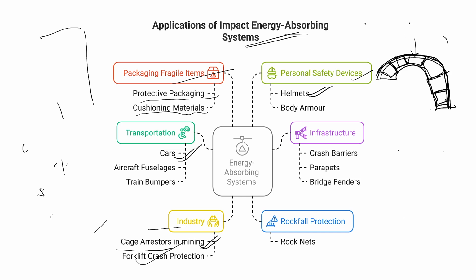The idea is to distribute the energy across this hard armor, and then the hard armor will transfer the impact energy, and it will be absorbed by the soft armor. So, it is a combination of a hard armor plus a soft armor. This is how normally the helmet works.